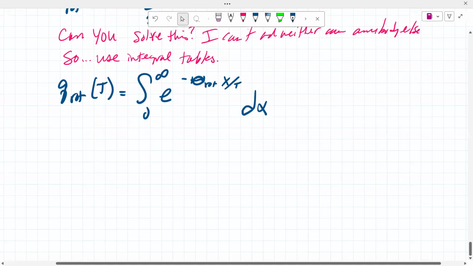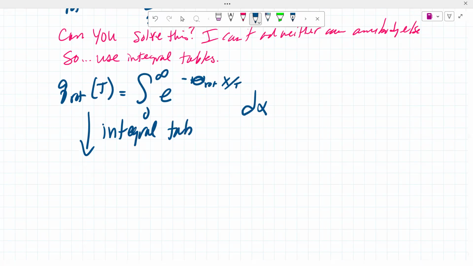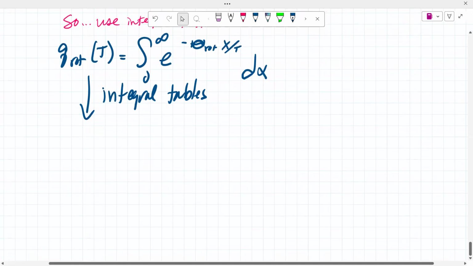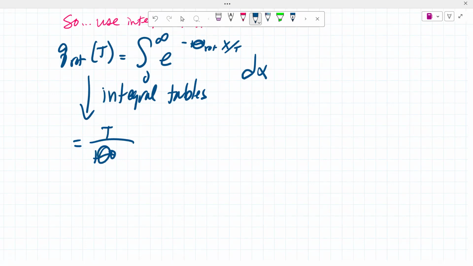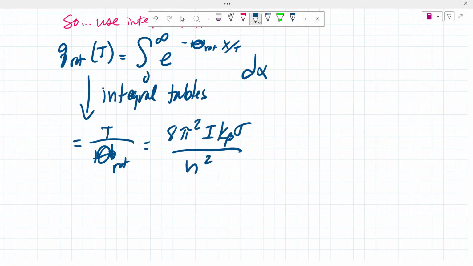And then one looks this up in integral tables. We ask smart math friends, and they tell us the answer is this: T over Θ rotation, where Θ rotation equals ħ² over 2I kB, giving 8π²I kB T over h².